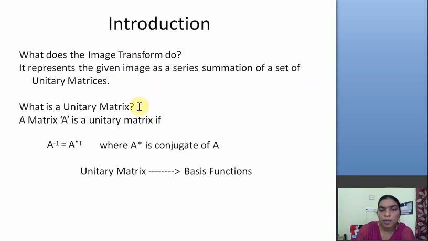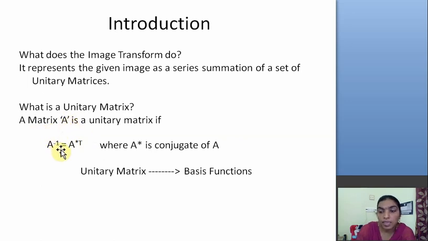What is a unitary matrix? A matrix A is a unitary matrix if A inverse is equal to the complex conjugate of A transpose. We represent the image in terms of a matrix, so consider A as the image or the matrix.